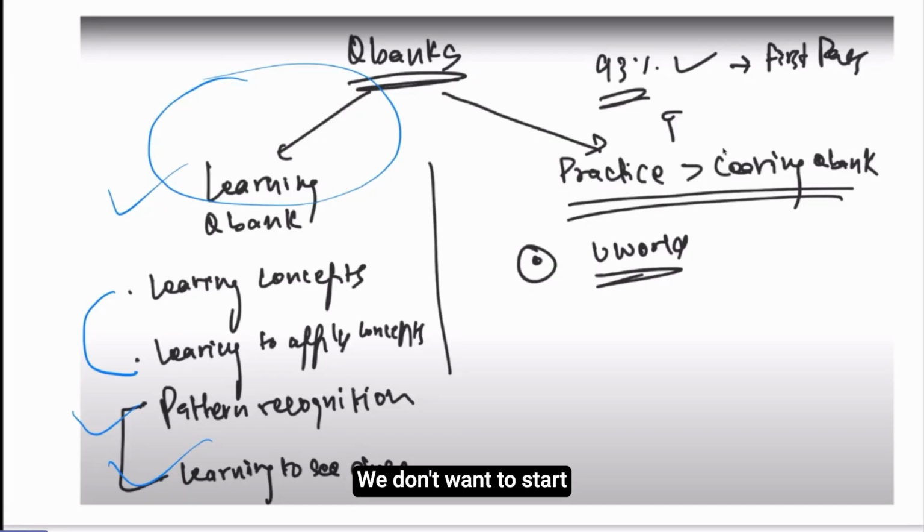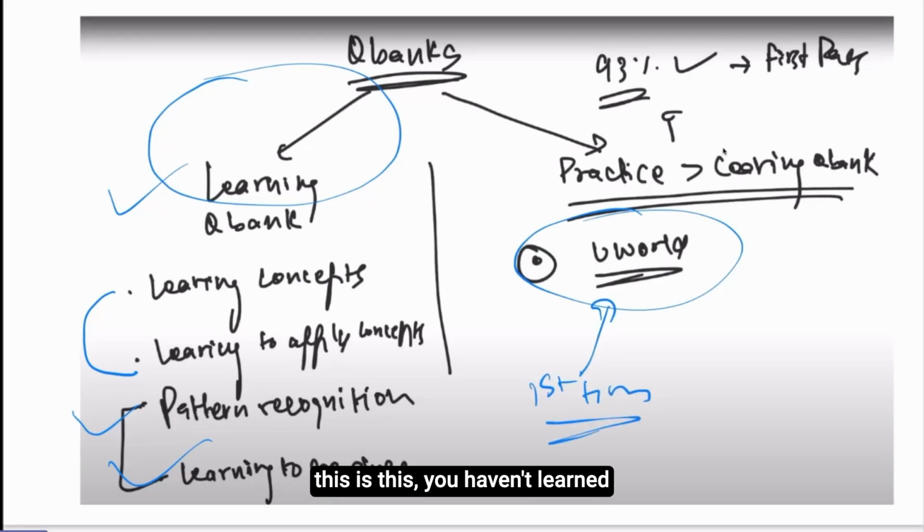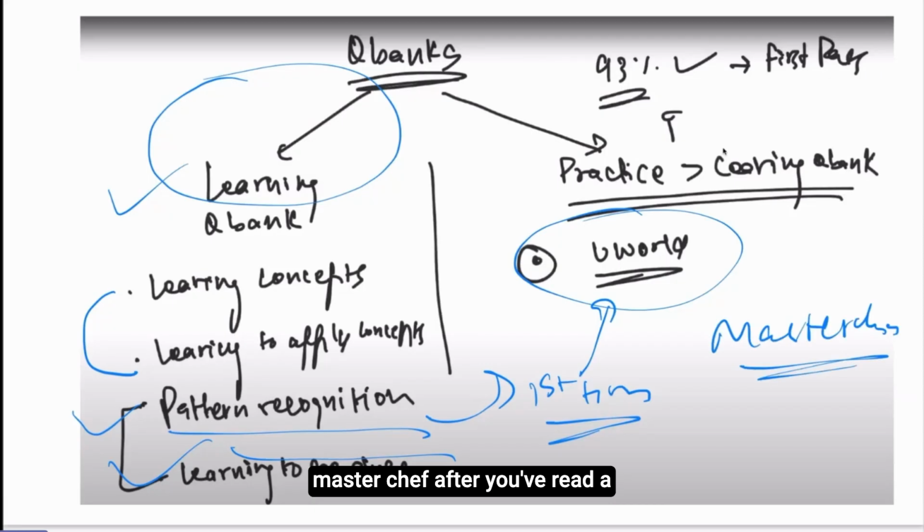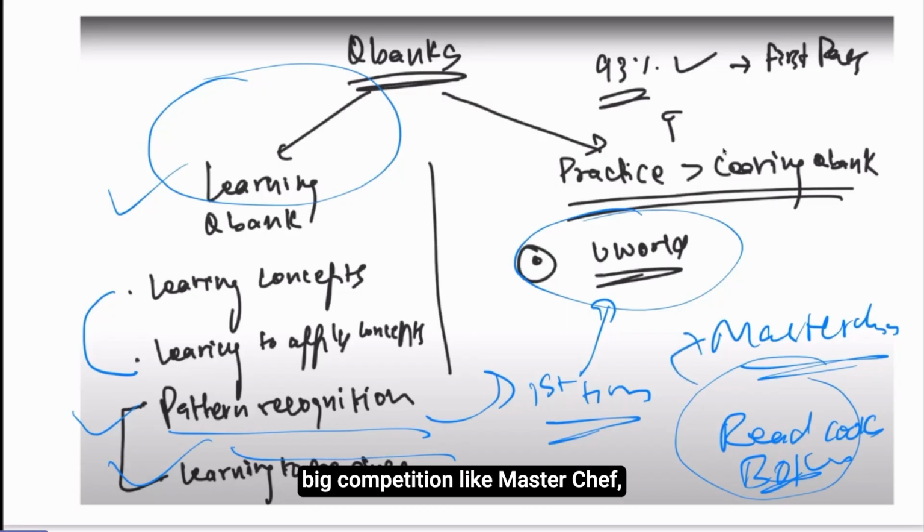We don't want to start with UWorld first, because if I were to start UWorld now for the first time, the problem is you haven't learned pattern recognition, you haven't learned clue recognition, and it's like you're going to MasterChef after you've read a few cookbooks. You're going to bomb any learning you even have on a big competition like MasterChef. There's a very big difference between reading a book, then practicing all the recipes, and then going to MasterChef, versus reading a few cookbooks and then showing up on MasterChef.